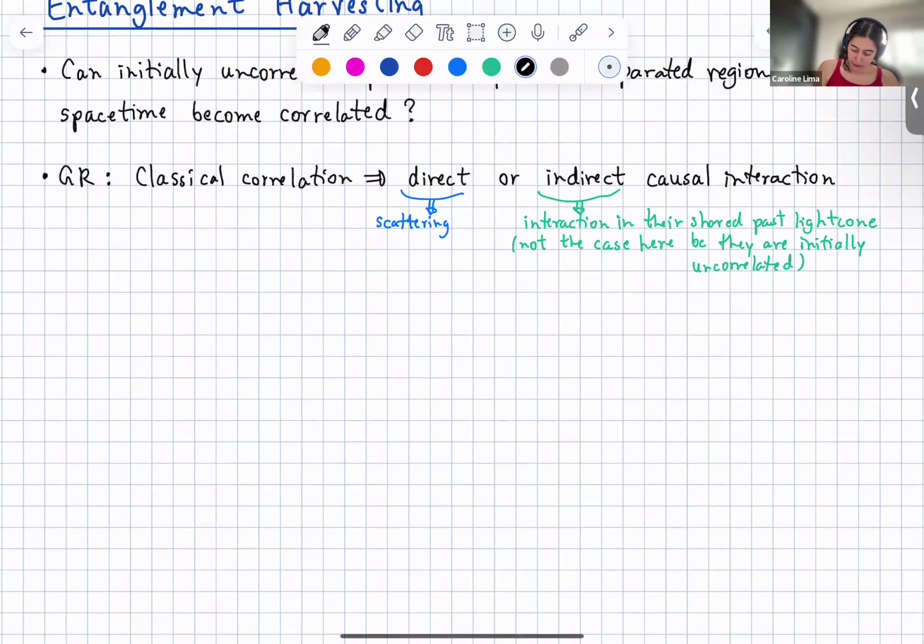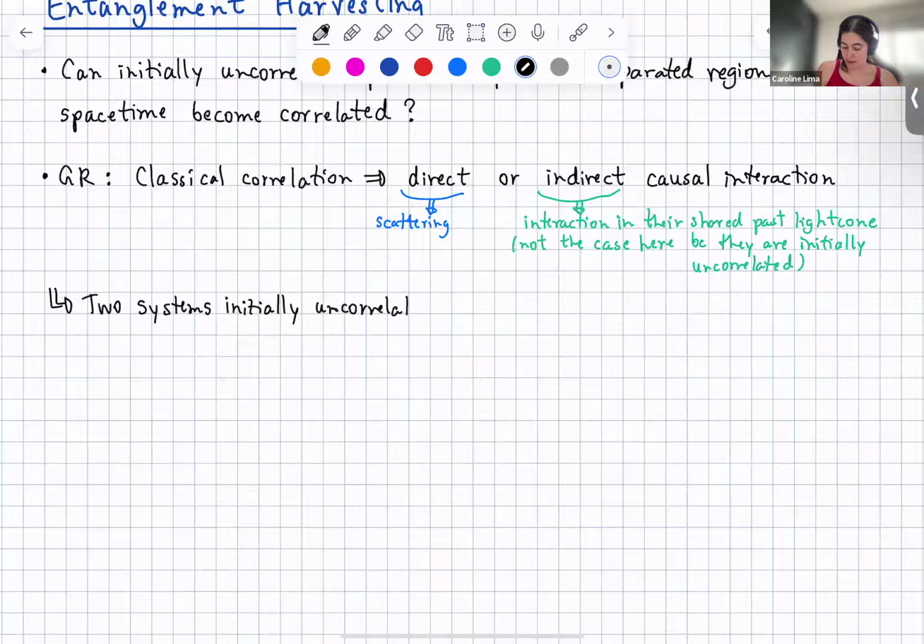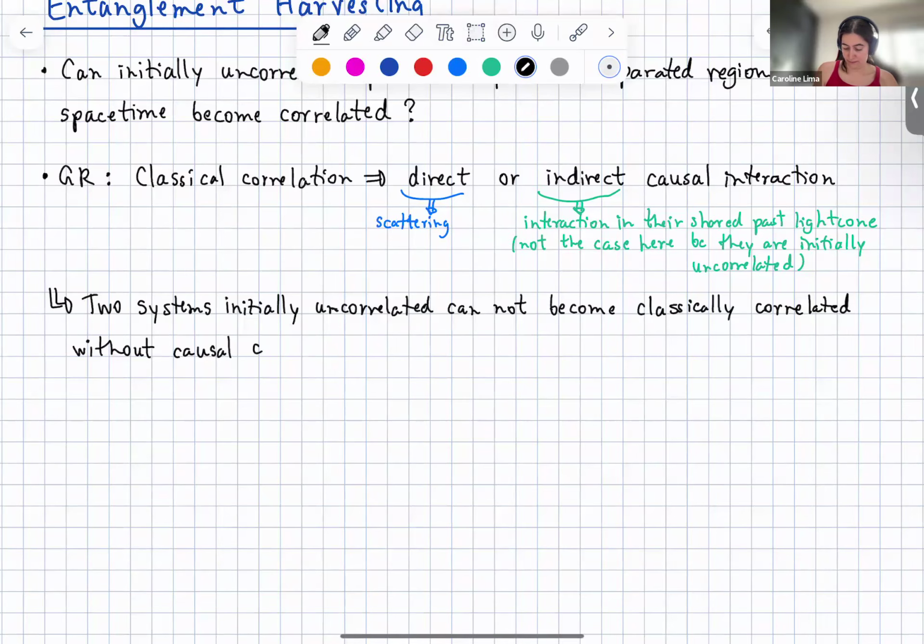So, well, what we can conclude is that two systems that are initially uncorrelated cannot become classically correlated without some sort of causal contact.